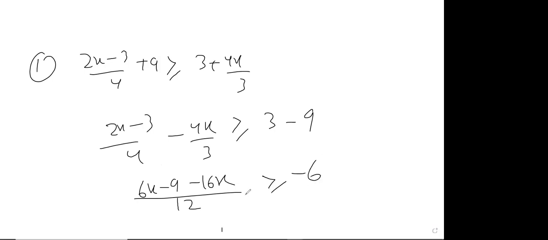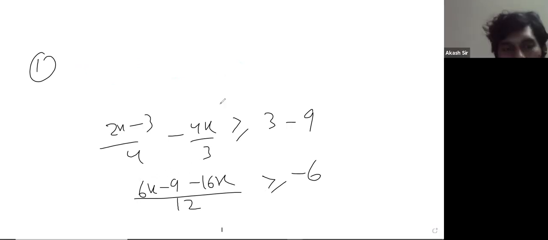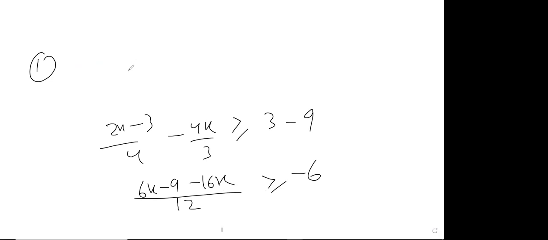Then it will become 10x minus 9 greater than or equal to minus 72, by taking 12 to the other side. Then minus 10x greater than or equal to minus 63. Then divide both sides by minus 10.